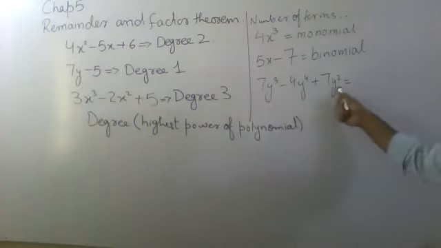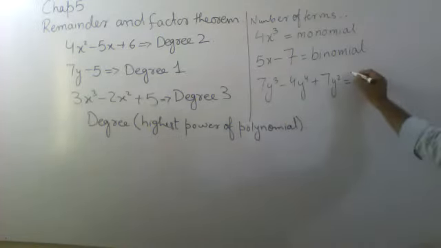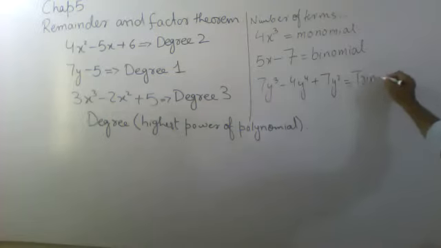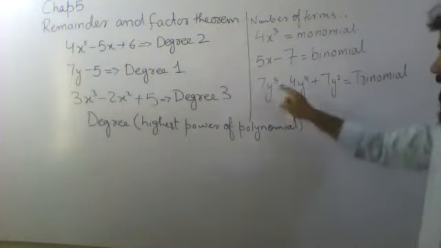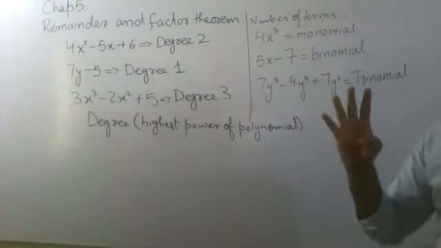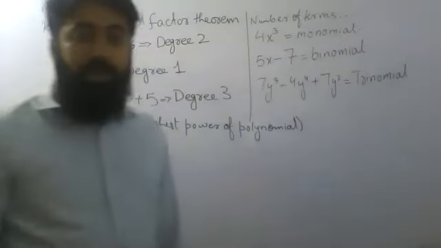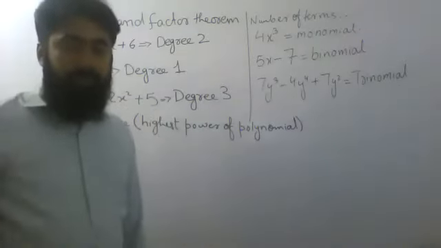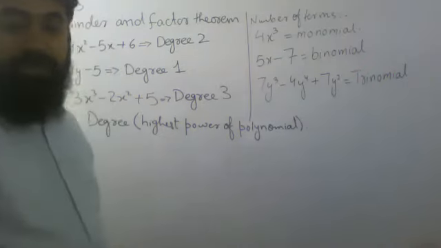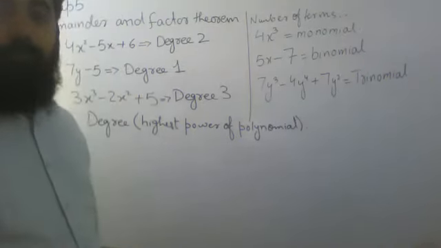One, two, three. Three terms are there. Trinomial. It's a trinomial of degree 4. Okay? If we have more than 3 terms, that will be considered as a polynomial.